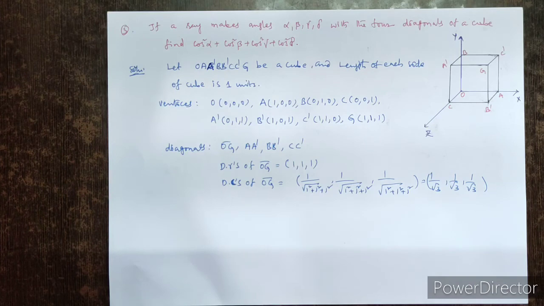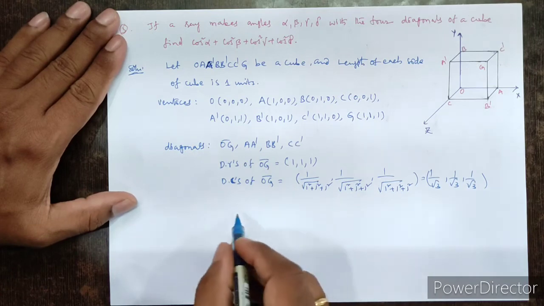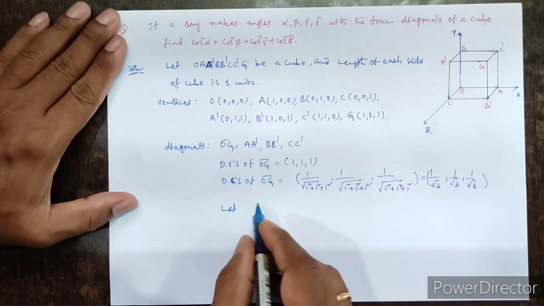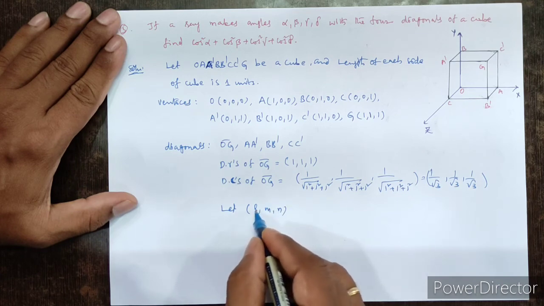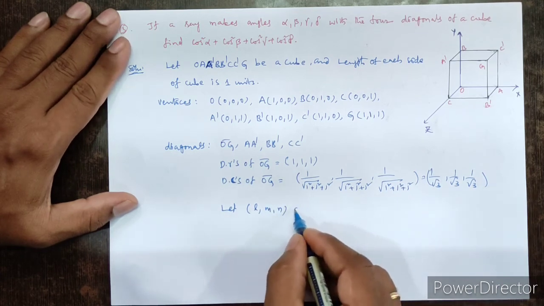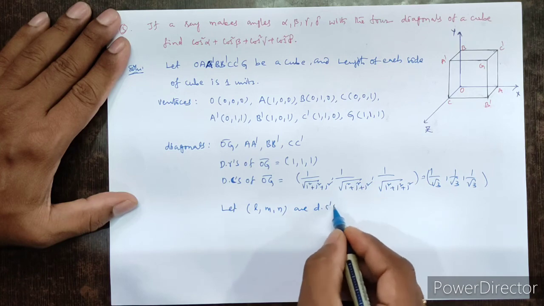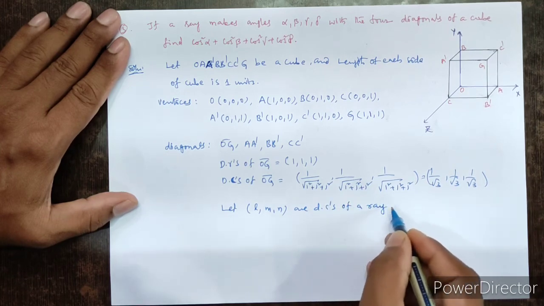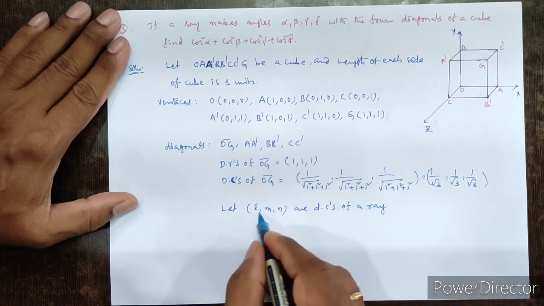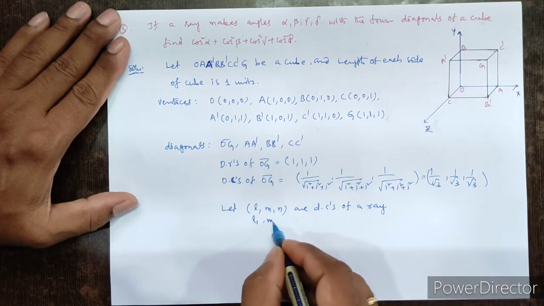So like that you can find direction cosines. Let L comma M comma N be the direction cosines of a ray, any ray. The diagonal's direction cosines are L1 comma M1 comma N1.